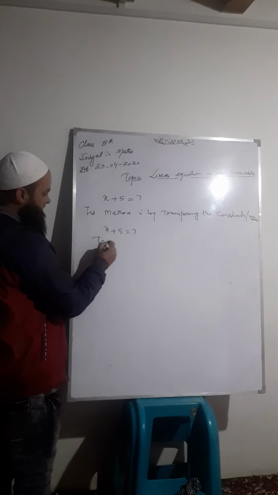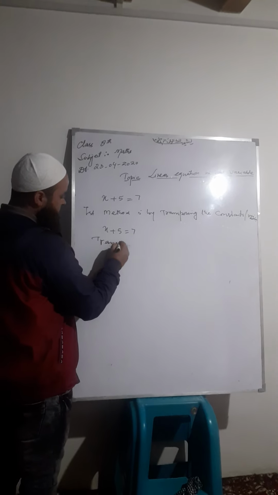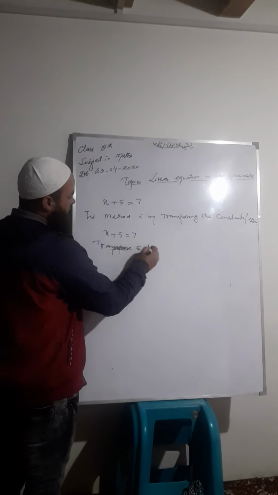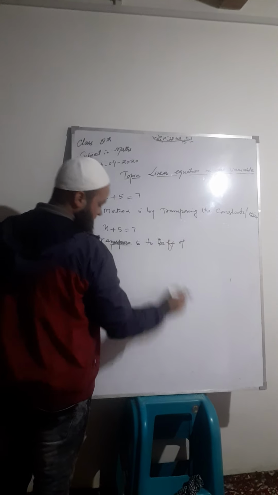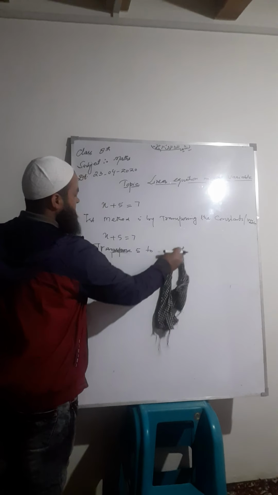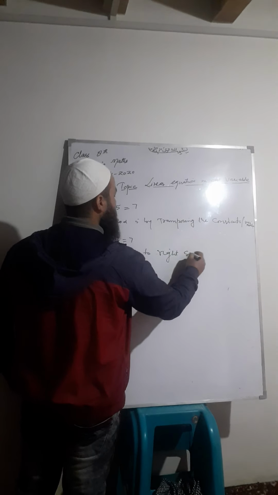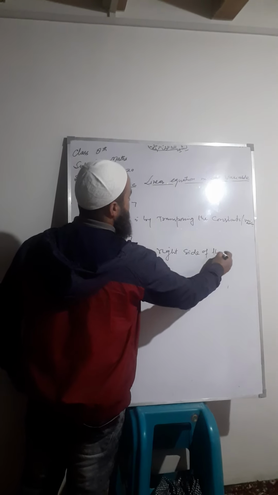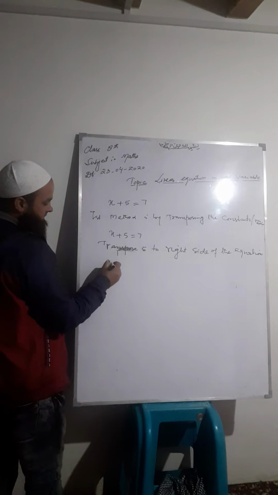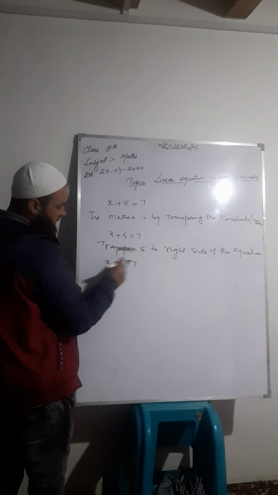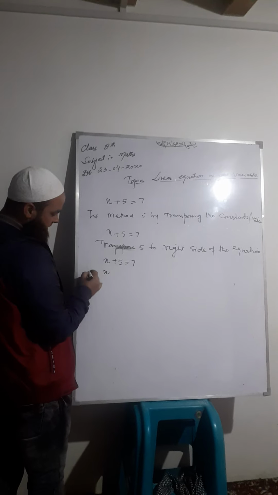Transpose 5 to the right side of the equation. That is, x plus 5 is equal to 7. We have to transpose 5 towards the right side. We write it in this way.